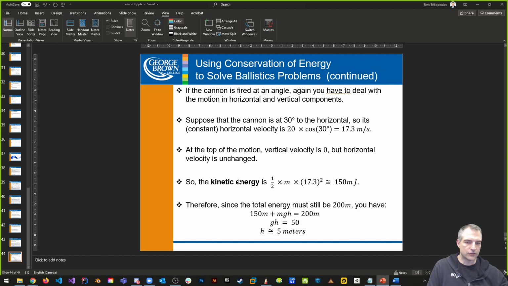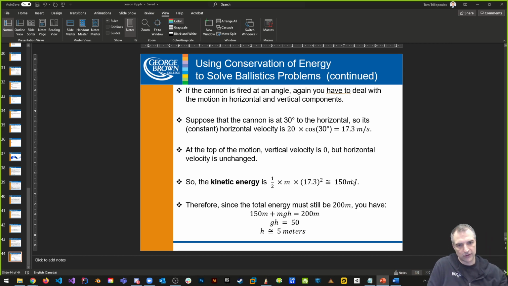So the kinetic energy is 1/2 mv squared. We know v is 17.3 meters per second on the x-axis, which means that the total number of joules is 150 m joules, where m is mass, whatever the m is. We don't know what it is.